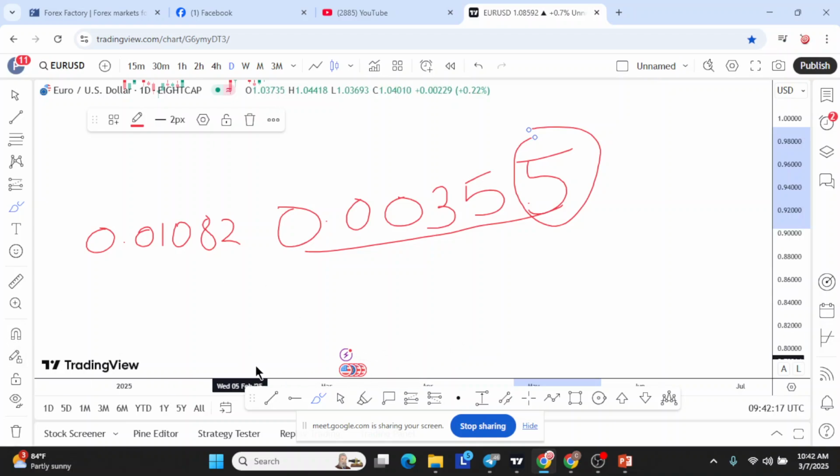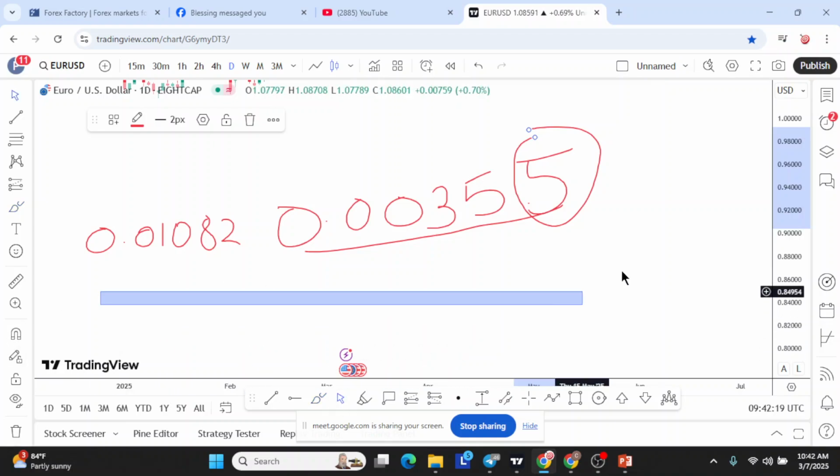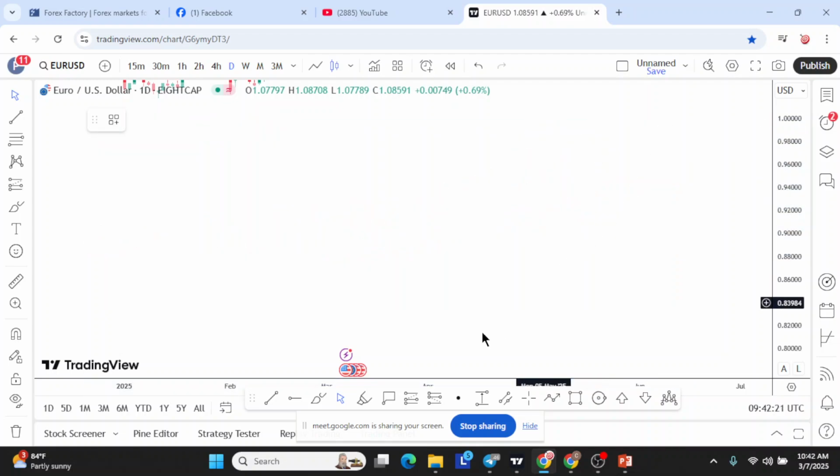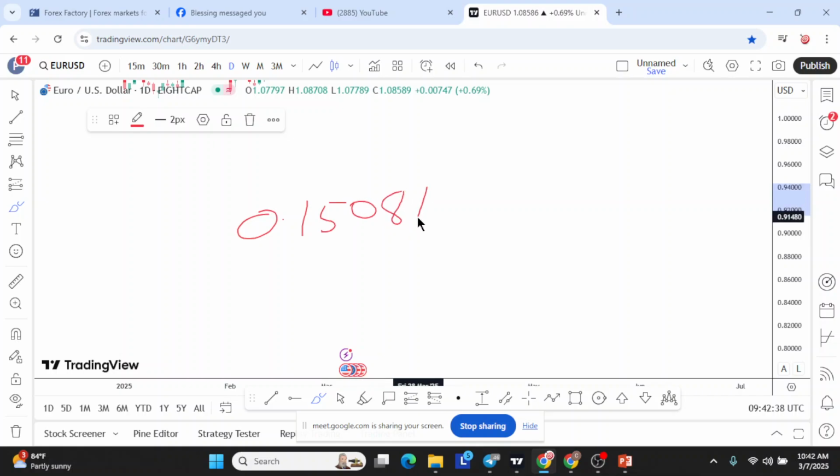Okay, so now let's take it again. Let me do another one. So now let's say we have this. How many pips is this? 1,508.